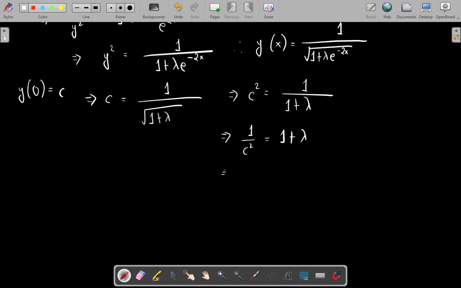Okay, so from here lambda is 1 by c square minus 1. We have just inverted both sides. From here c square equal to 1 upon 1 plus lambda, so 1 by c square will be 1 plus lambda, and then here we have taken lambda to left hand side, 1 by c square minus 1.